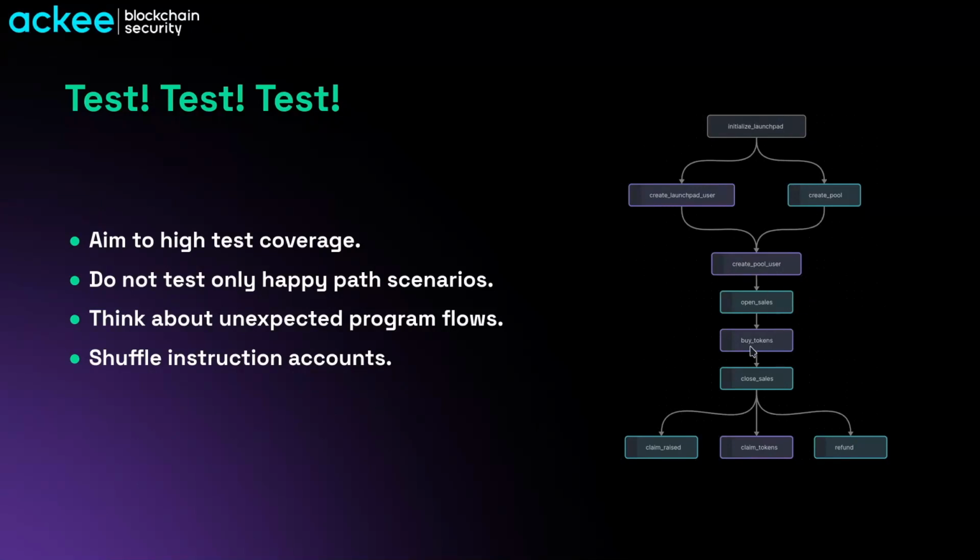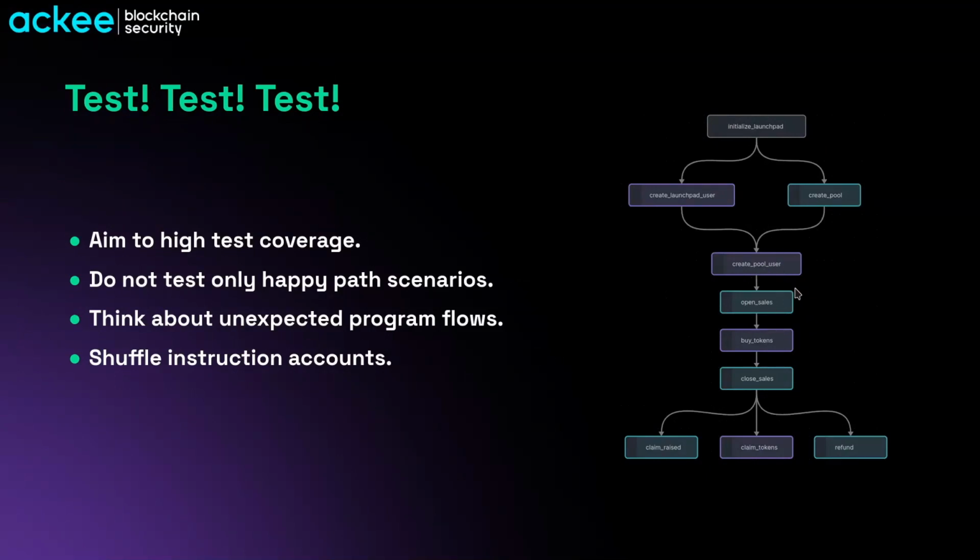So again, for example, that somebody would start to buy tokens before the sales are open, or someone would already start to claim the tokens before the sale is closed, or some unexpected scenarios. Actually, the unhappy path scenarios are maybe even more important to test. And so this is one thing.